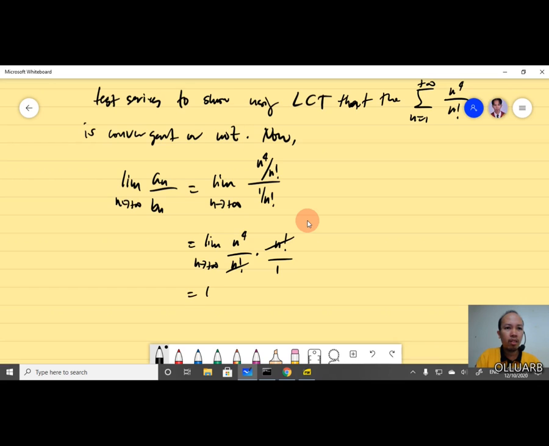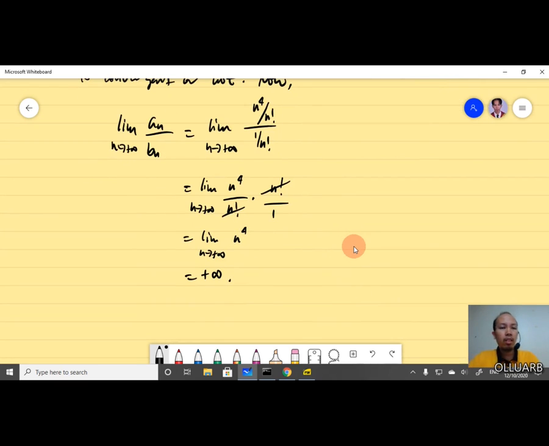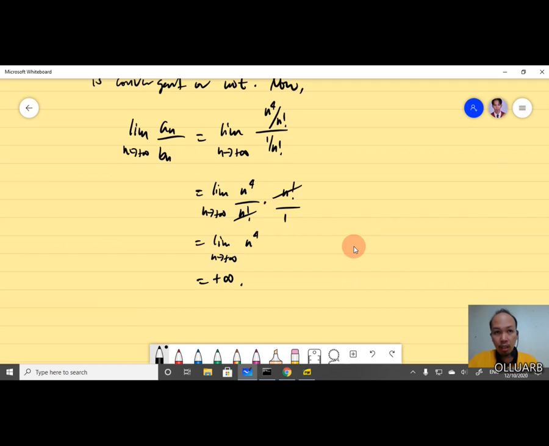Okay, and we remain with this expression, and we know that this is positive infinity. So based on the limit comparison test, our b sub n is convergent, but the limit of the quotient is positive infinity.